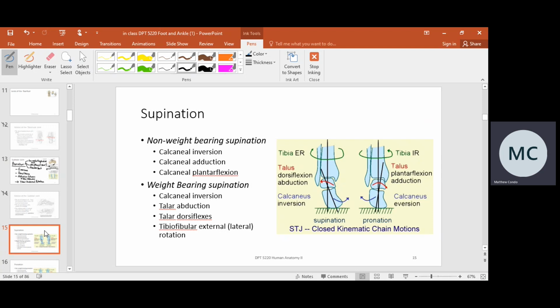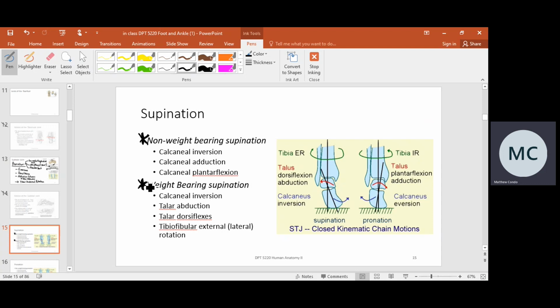So with supination, we have to understand non-weight bearing versus weight bearing, and these slides are all in the packet on Canvas. With non-weight bearing supination, everything kind of just comes from the calcaneus. That calcaneus is our main bone that's moving.